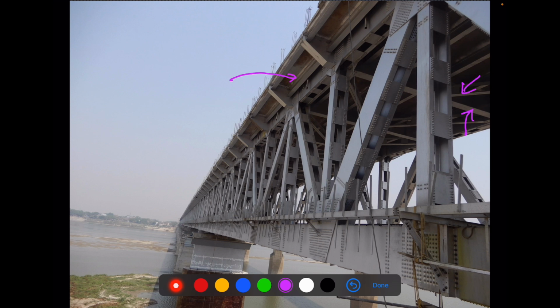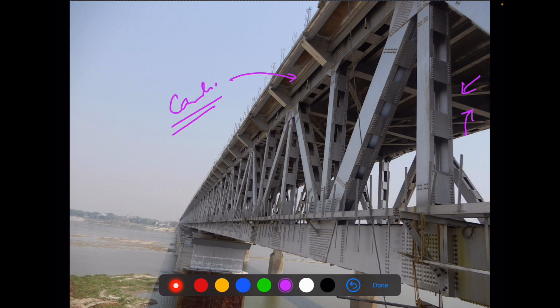To accommodate the road width, the road deck, this extension has been provided in the form of a cantilever. It may be used for a platform, for a footpath, or something like that. It depends upon what configuration we have adopted for road bridges.